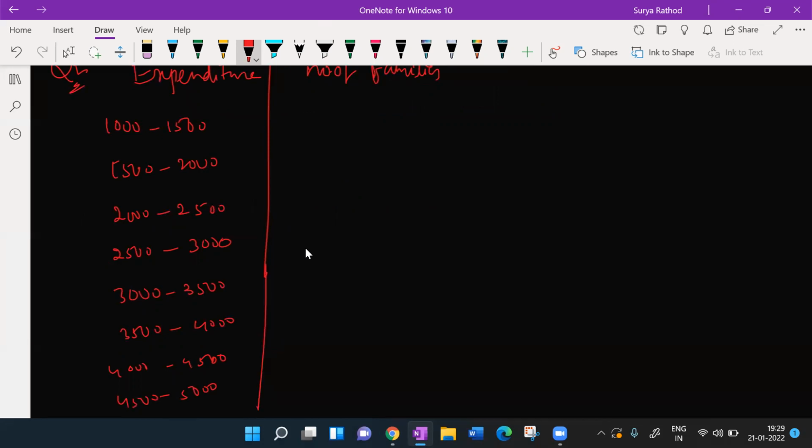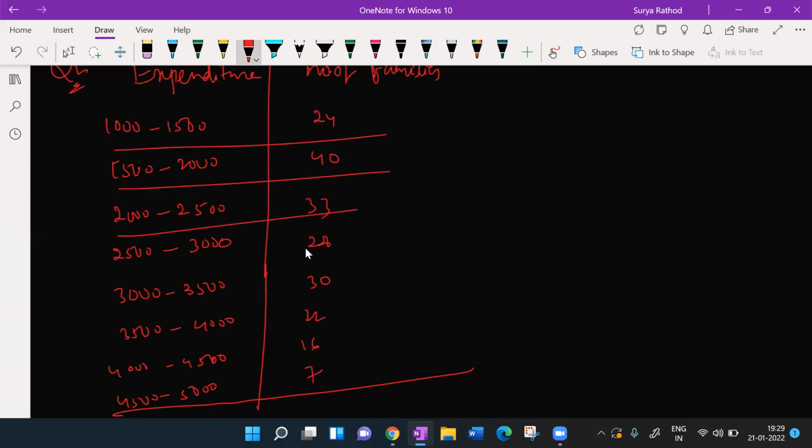The number of families is 24, 40, 33, 28, 30, 22, 16, 7. This is the given information.